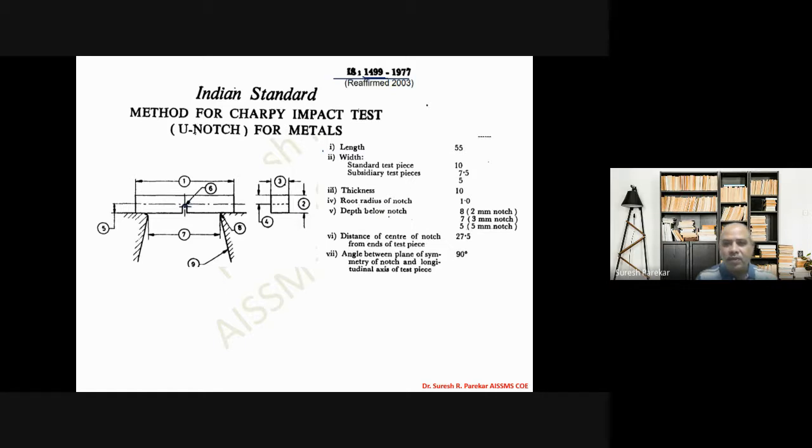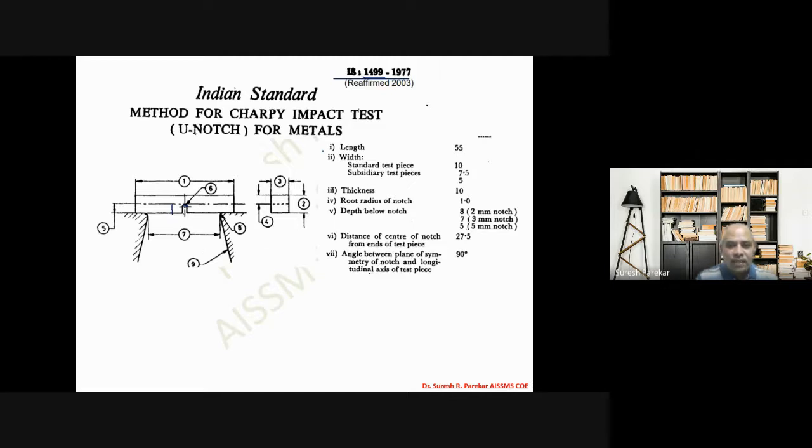Then the depth of the notch is 8 millimeter, which is the fifth one. So this depth is 8 millimeter in the case of the Charpy test. Then the distance of the center of the notch from the ends of the specimen is exactly at the center. Then the angle between the plane of symmetry of the notch and the longitudinal axis is 90 degrees.